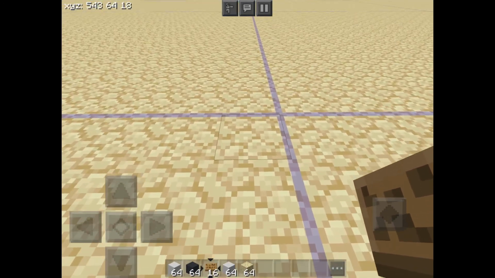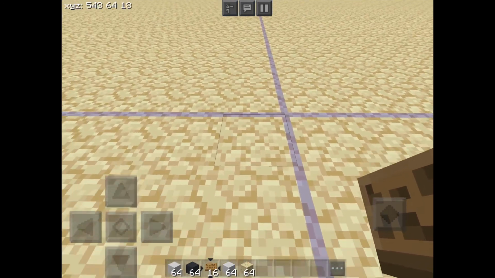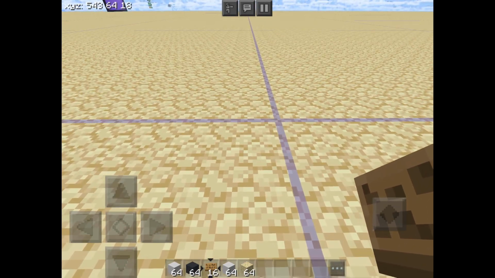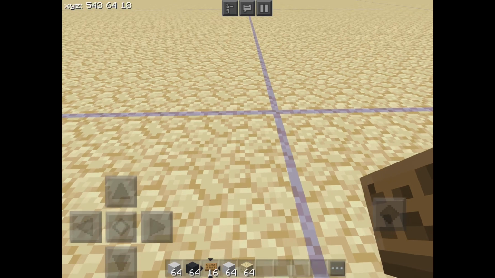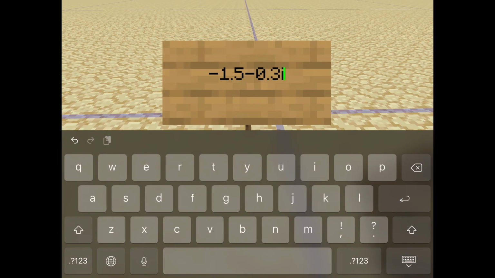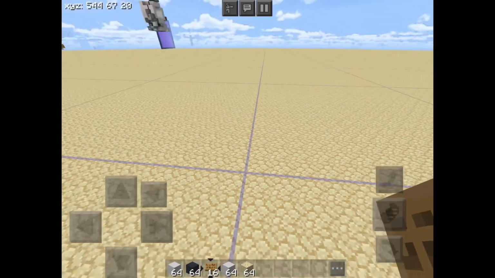And use the iterative functions to find out whether, say, complex number -1.5 minus 0.3i is in the Mandelbrot set, and you're well on your way.